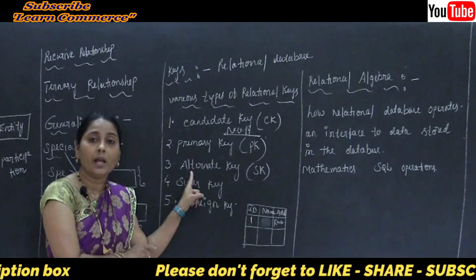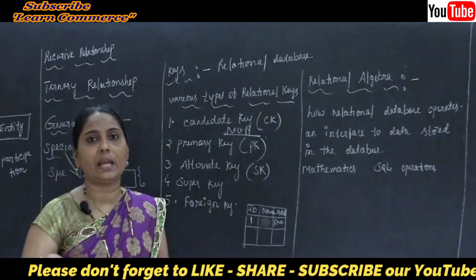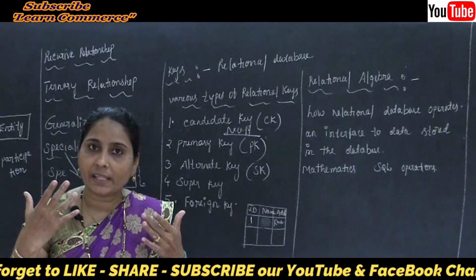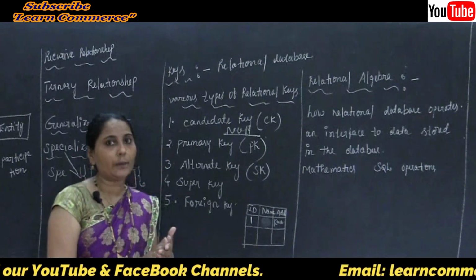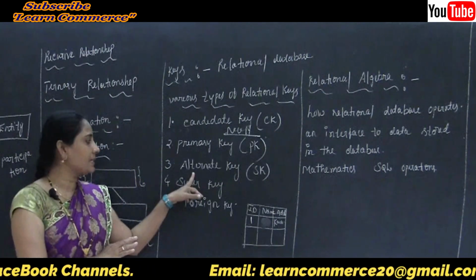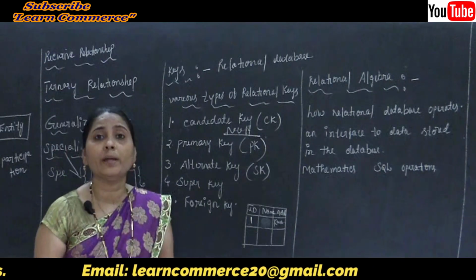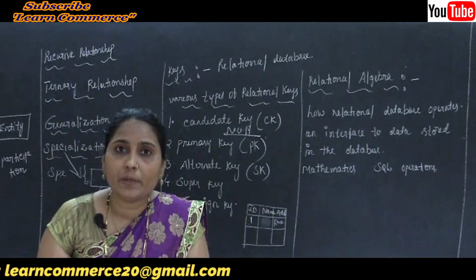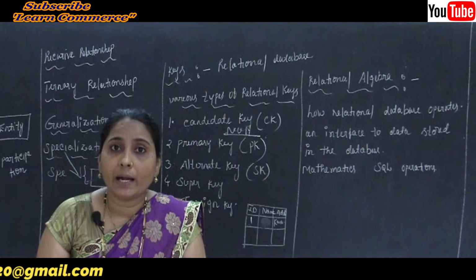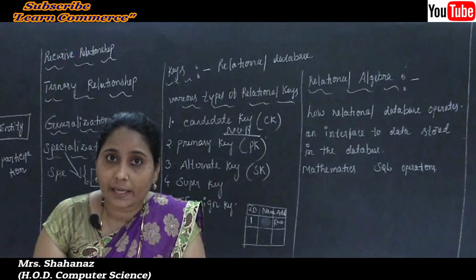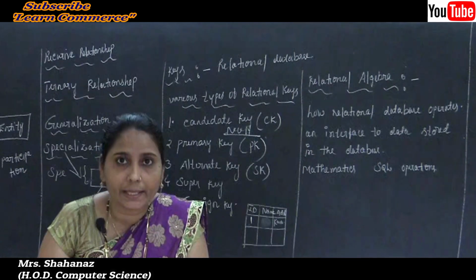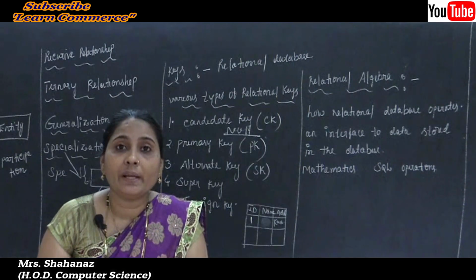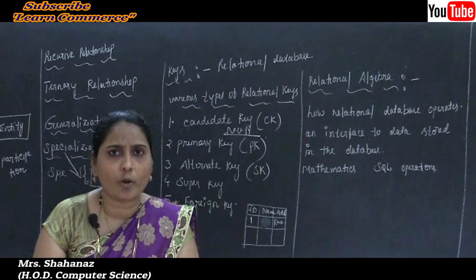Clear this point here? Everything is like our primary key, but it is not called the primary key, because we know the primary key is the first column and the secondary key is the second column of a table. So the alternate key is all the candidate keys minus the primary key, because it is not the first column of a table.